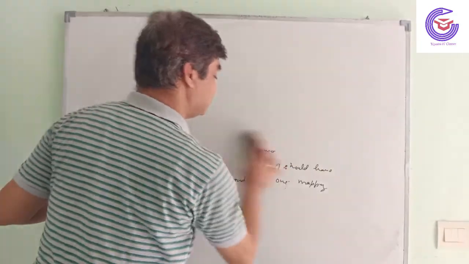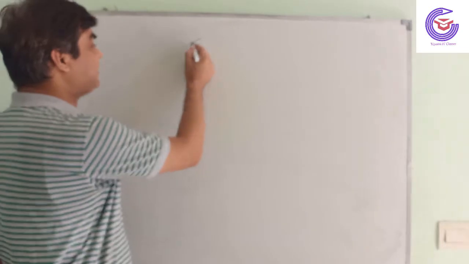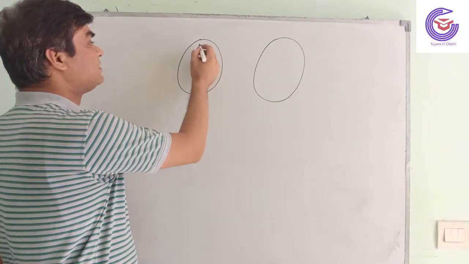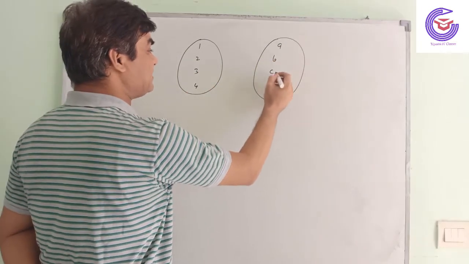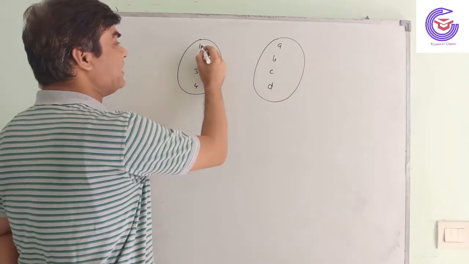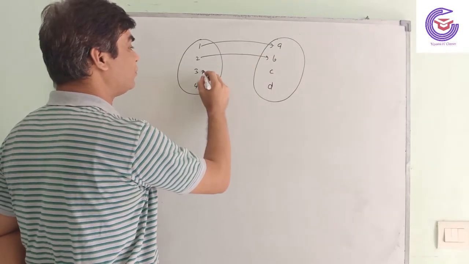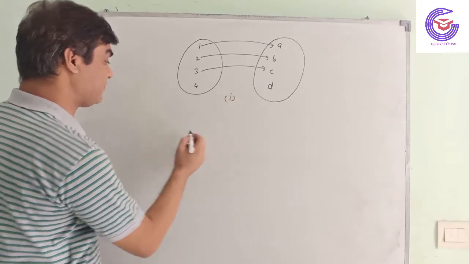So let me take one example. Suppose here 1, 2, 3, 4. Here it is given A, B, C, D. Suppose I give a mapping something like that. 1, 2, 3. Okay. This is the first case.